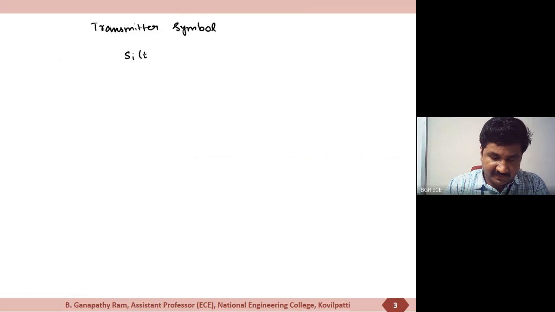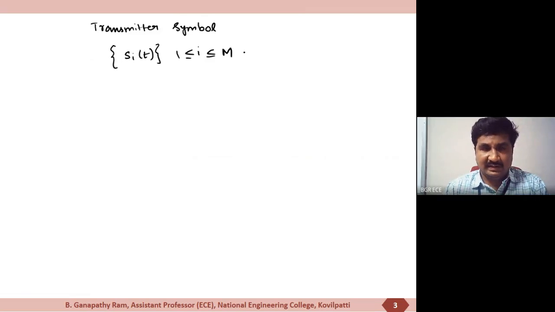We know that the transmitter is transmitting m number of symbols, and these transmitted symbols are corrupted by additive white Gaussian noise.